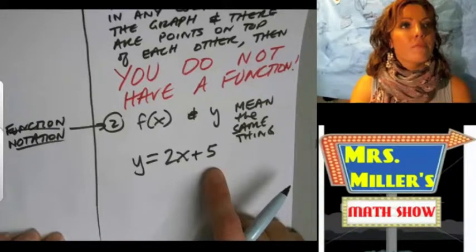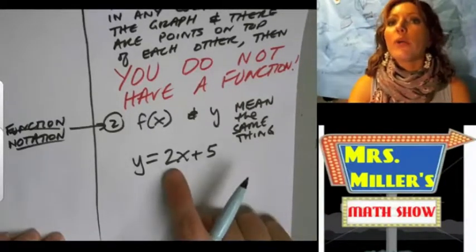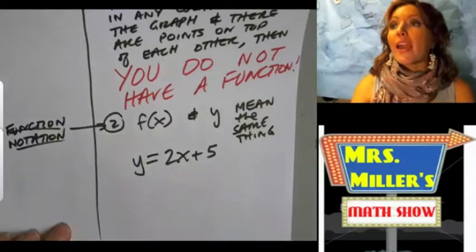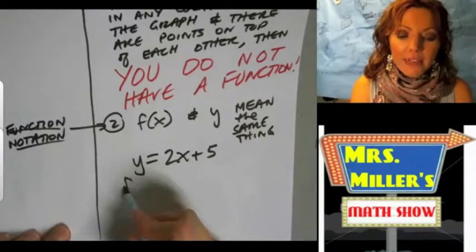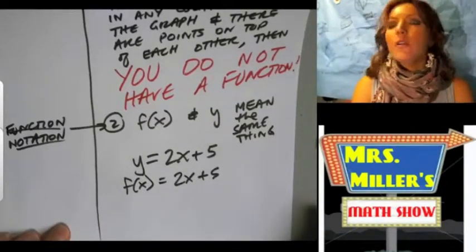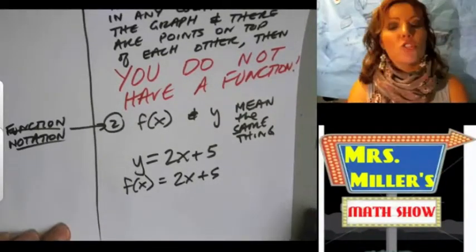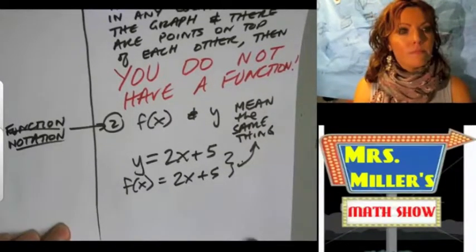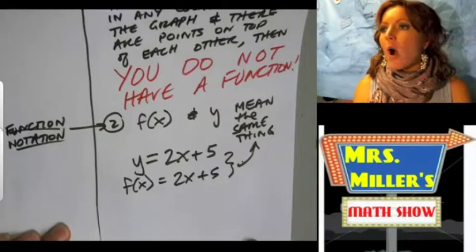Up 5. And then from there we do what? Up 2 and over 1. Okay, so guess what? If I write this up on the board, f of x equals 2x plus 5, you would do it exactly the same way. Those two mean exactly the same thing. Okay? F parentheses x and y, same thing.